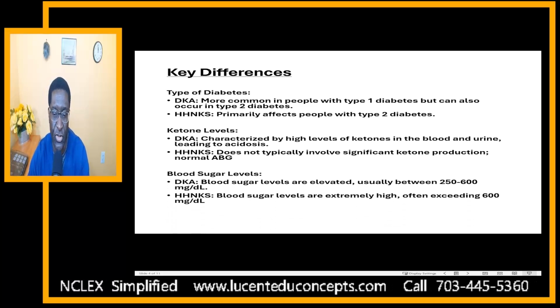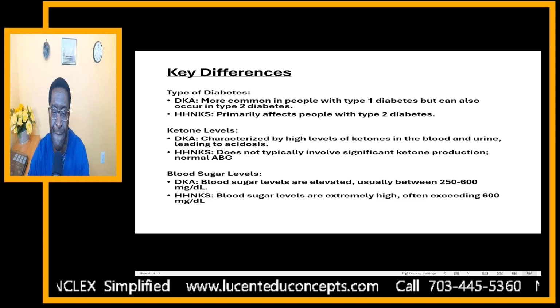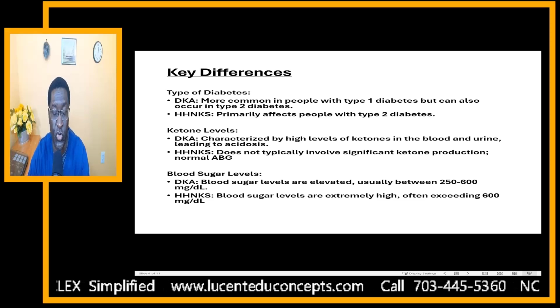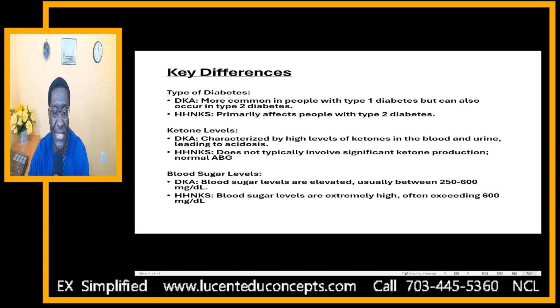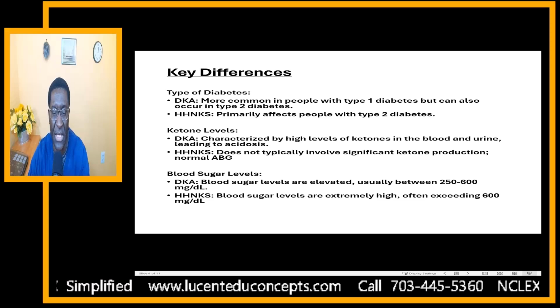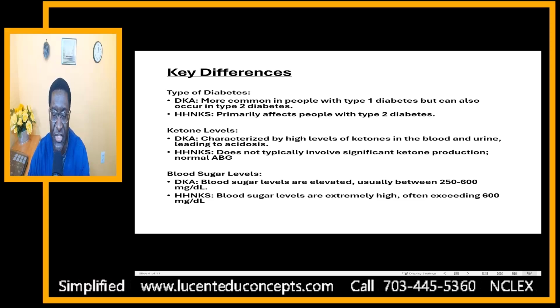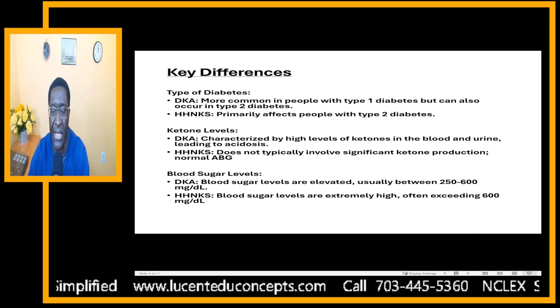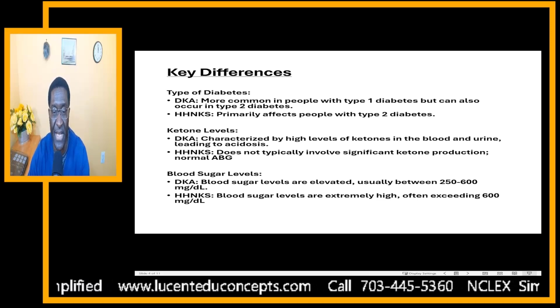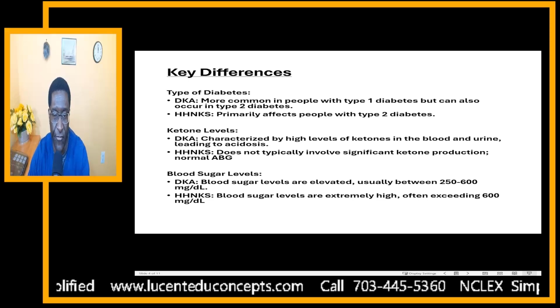What about blood sugar levels? In DKA, blood sugar levels are elevated, usually between 250 and 600 milligrams per deciliter. In HHNKS, blood sugar levels are extremely high, often exceeding 600 milligrams per deciliter. So what do we learn from here?